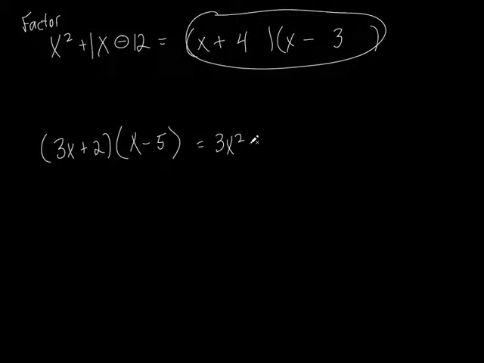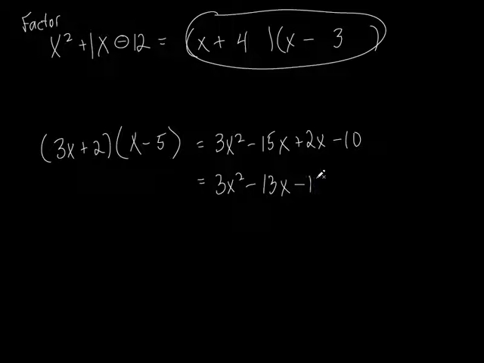Then the outside is negative 15x. I'm not going to try to do this in my head. This is a little bit more complicated. And the inside is plus 2x. And then the last is negative 10. All right? So let's simplify this. That's 3x squared minus 13x minus 10. So that's what this is right there.